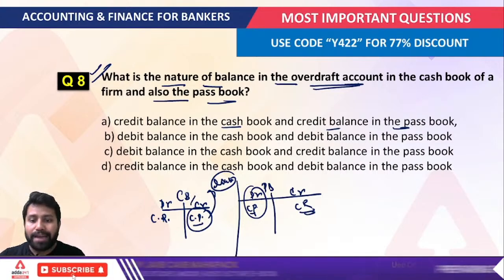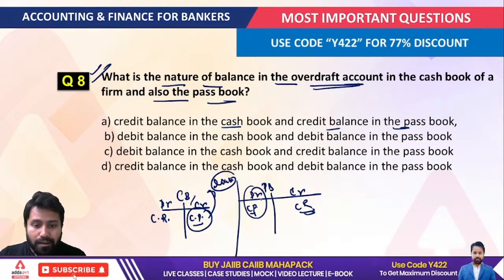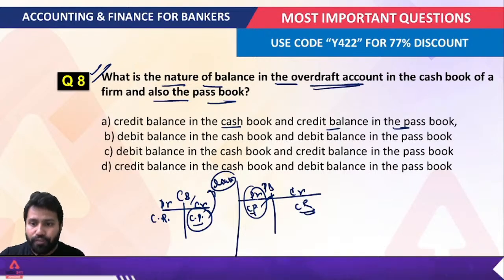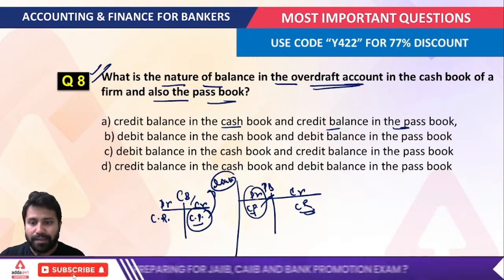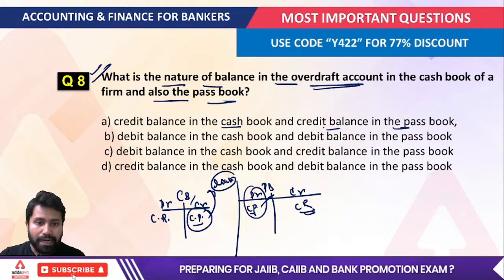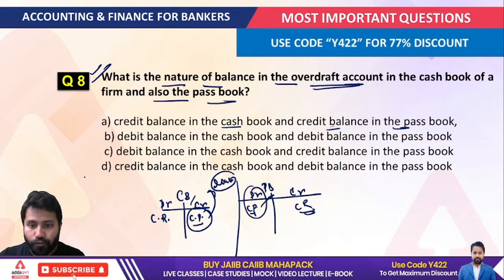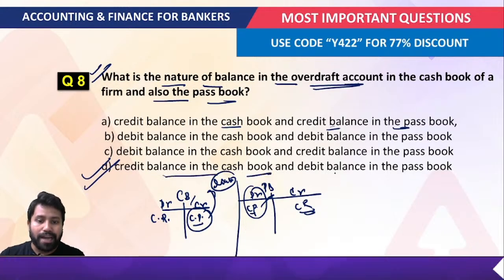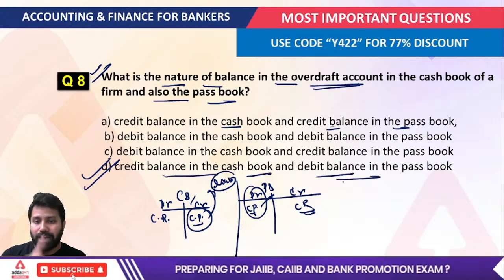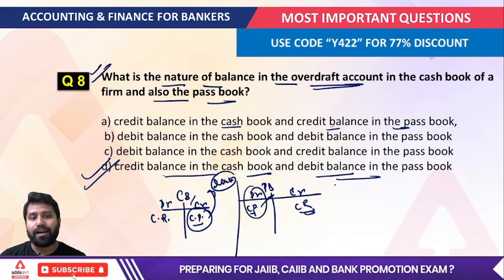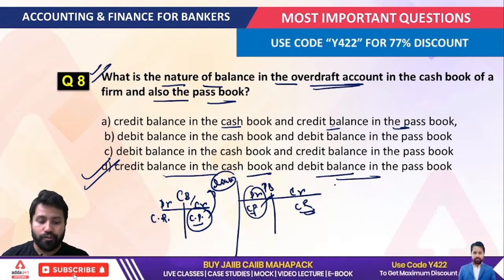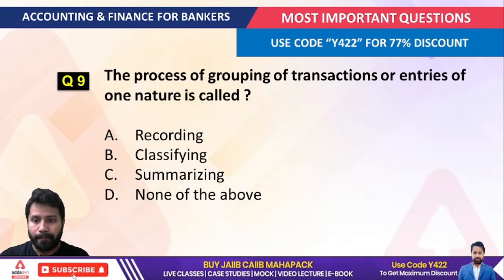Credit balance in the cash book and debit balance in the passbook is your correct answer. I think now it is understandable for everyone. Next question.